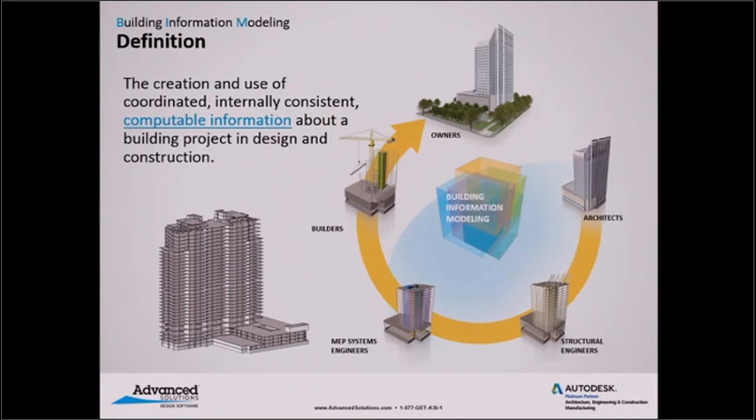Building information modeling. Revit is a building information modeling model authoring program, and what building information modeling is, there's a little definition there. Creation and use of coordinated, internally consistent, computable information about a building project in design and construction. And really, the trend in the industry now is pushing towards builders and owners and how they're using BIM.